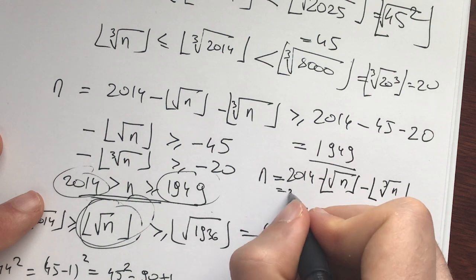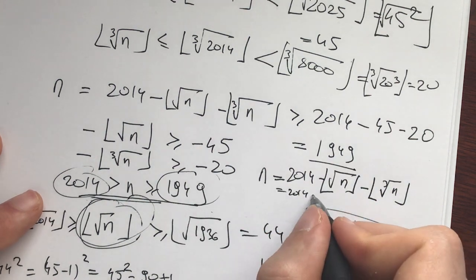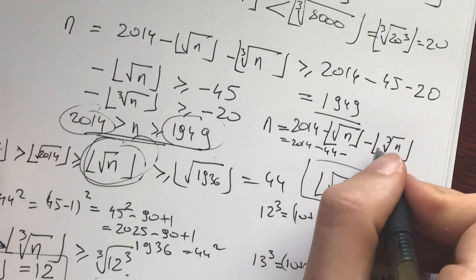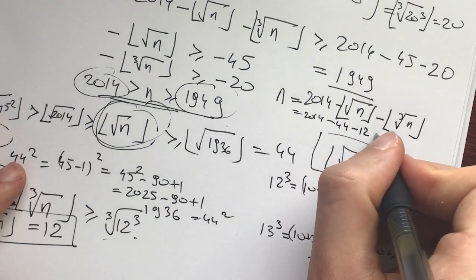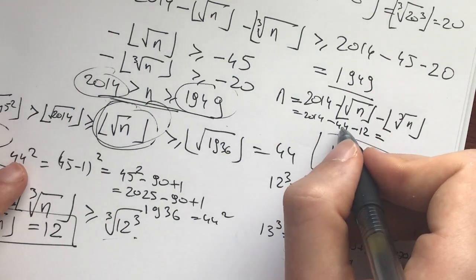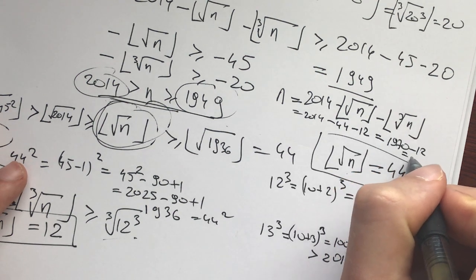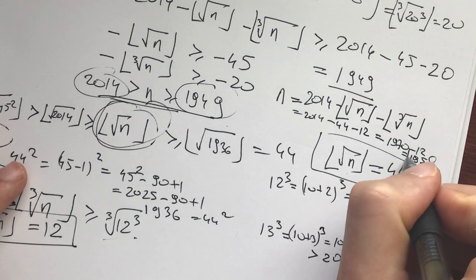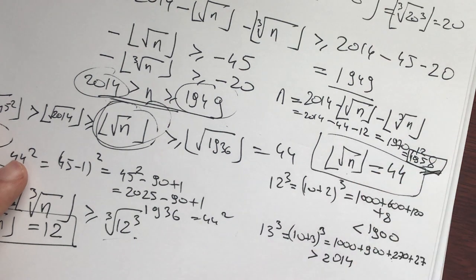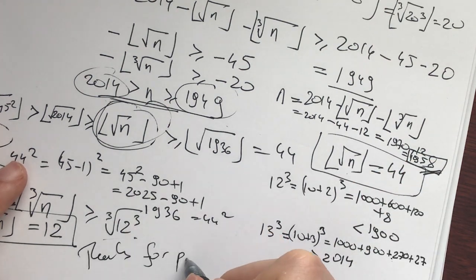And this is going to be equal to 2014 minus 44 minus 12. So this is minus 44, we get 1970, minus 12, 1958 is the answer. And as always, thanks for problem solving.